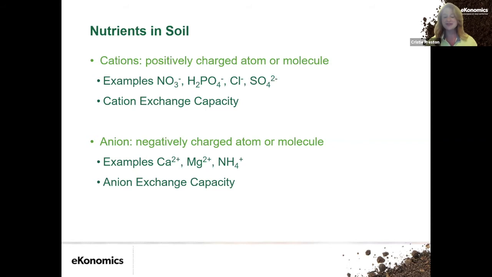So, okay, you can't give a presentation without finding some mistakes. So I'm completely sorry. My examples are switched. The positively charged atoms and molecules are like calcium and magnesium and ammonium. The negatively charged atoms and molecules would be your nitrates, your phosphorus, your chloride, your sulfates.